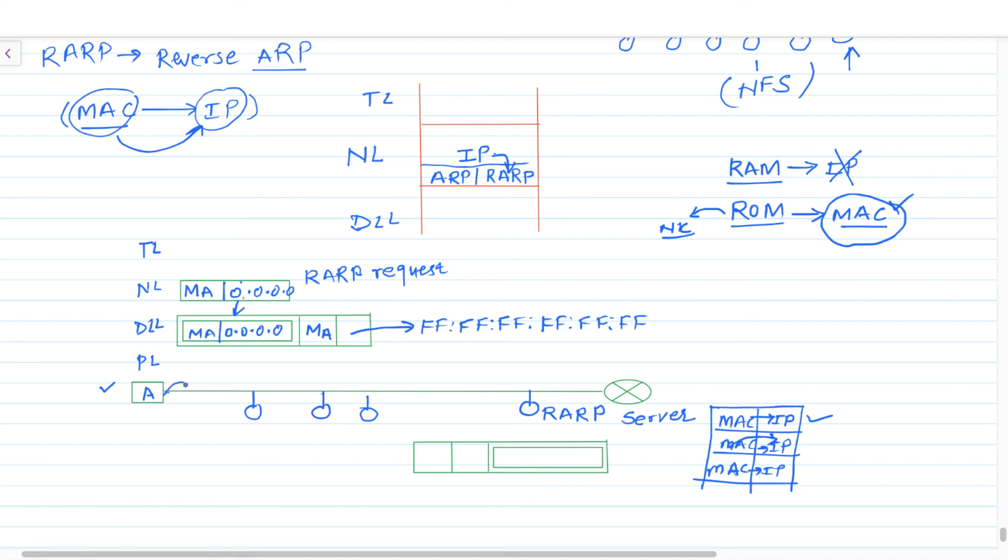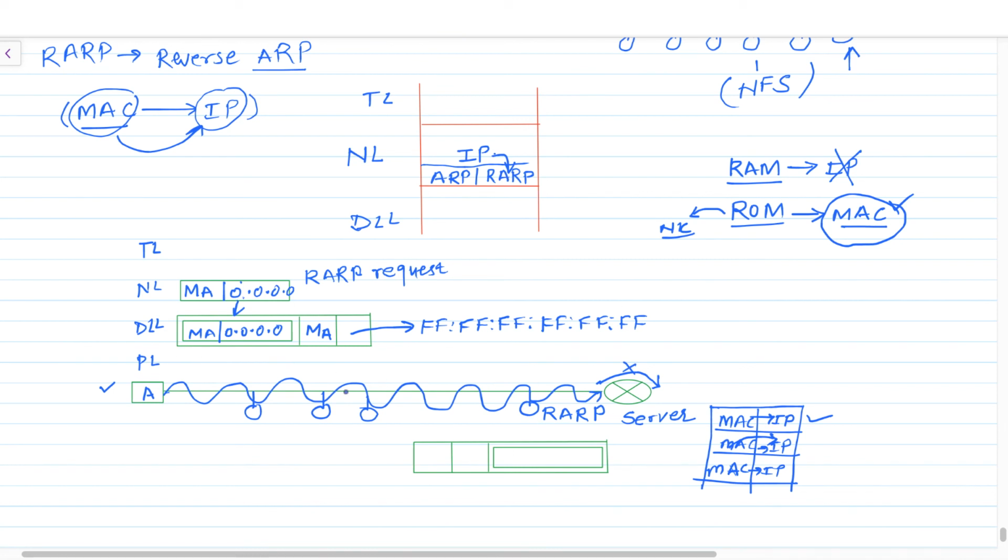So this request will be listened to by all the hosts present in this network. Obviously this router will not allow this request to go to some other interface. So this is the responsibility of the router. It will keep this request in this network only. This is not going to happen.